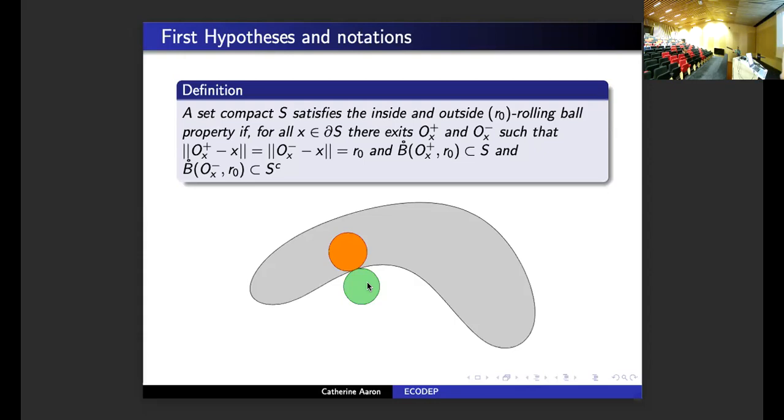At every boundary point, you can put a ball inside the support that touches the boundary only at your point and is totally included in the support, and the same outside the support. Mostly it says that the boundary is a C^{1,1} manifold: one differentiable, with a Lipschitz condition on the normal vector, to say it in a more standard way.